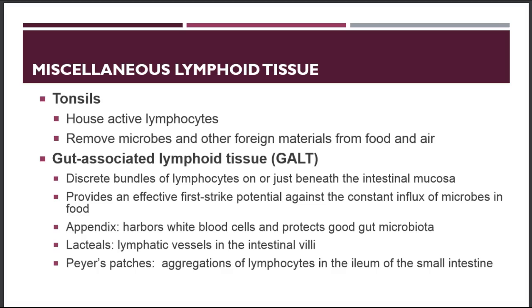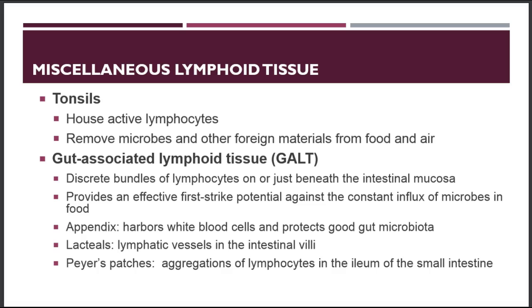For a long time, scientists really didn't understand the function of the appendix, but through the Human Microbiome Project and additional research into the microbiota of the gut, we're slowly learning the function of the appendix and its role in the immune system. The lacteals are lymphatic vessels that are found within the intestinal villi.